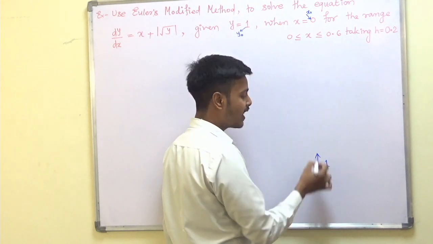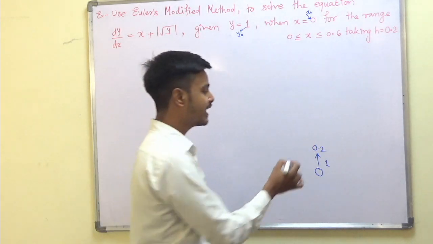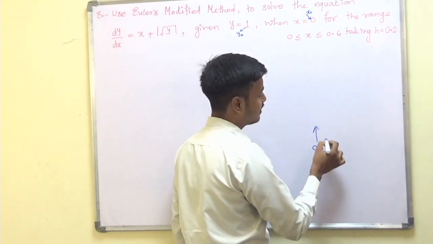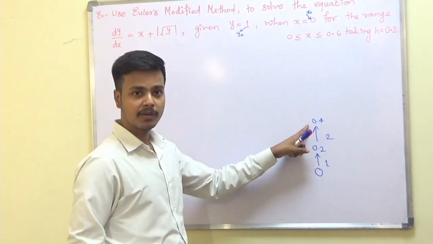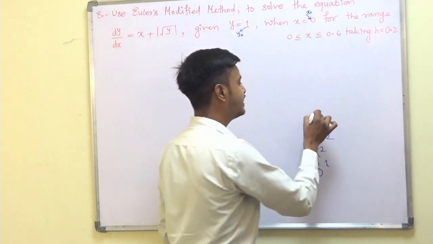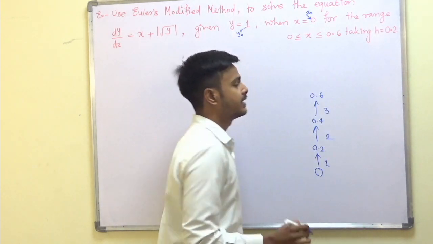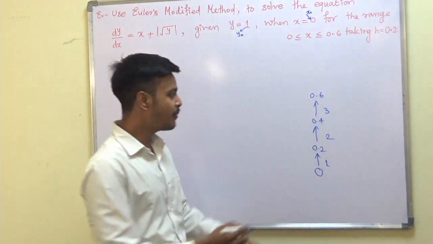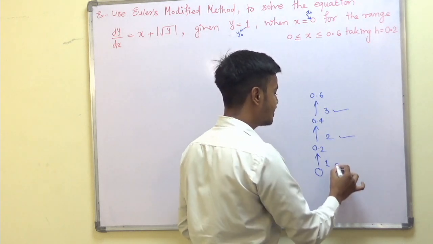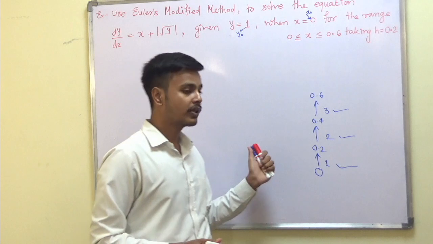One step to go from 0 to 0.2, then the second step will let me go to 0.4, and the third step will be there to get the solution for 0.6. So this problem requires 3 steps to solve.